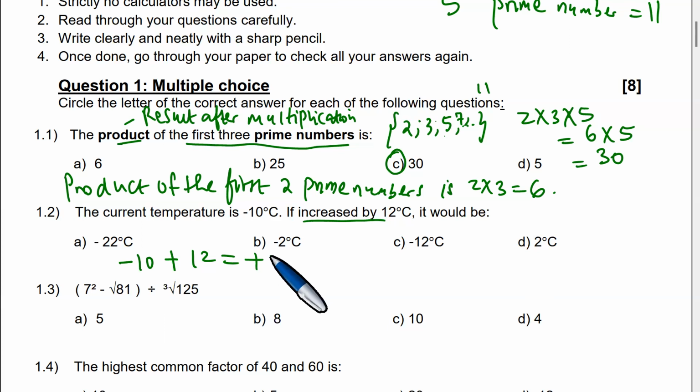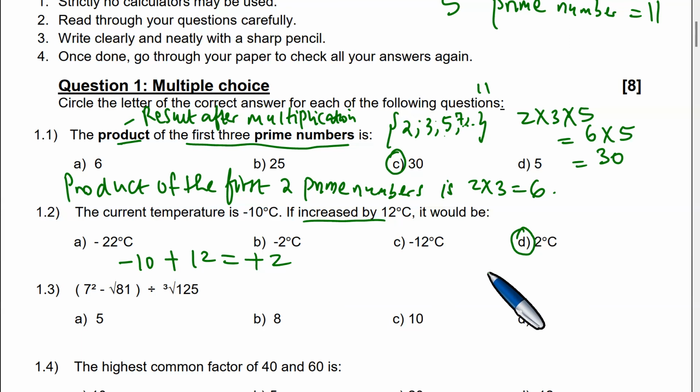It is plus 2. So the answer is what? 2. Right. So the answer is exactly D, 2 degrees Celsius.